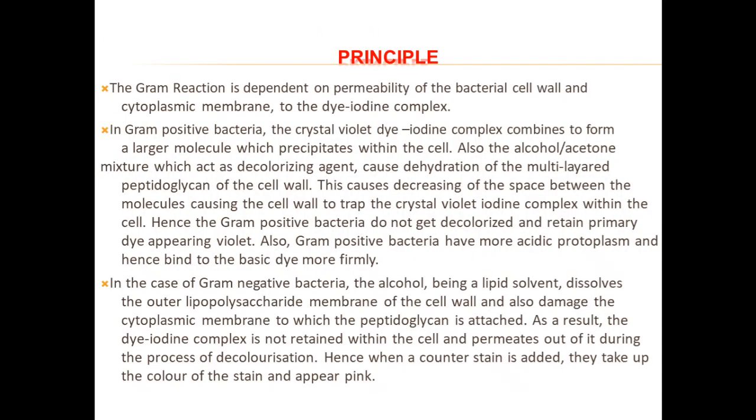This is the basic differentiating feature, the principle involved in Gram staining. This composition difference allows gram positive bacteria to stain purple. They retain the purple color and are called gram positive.